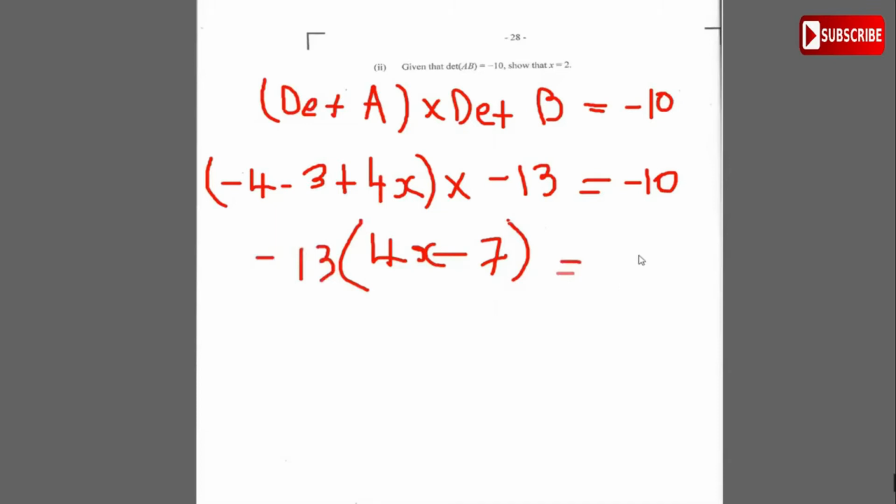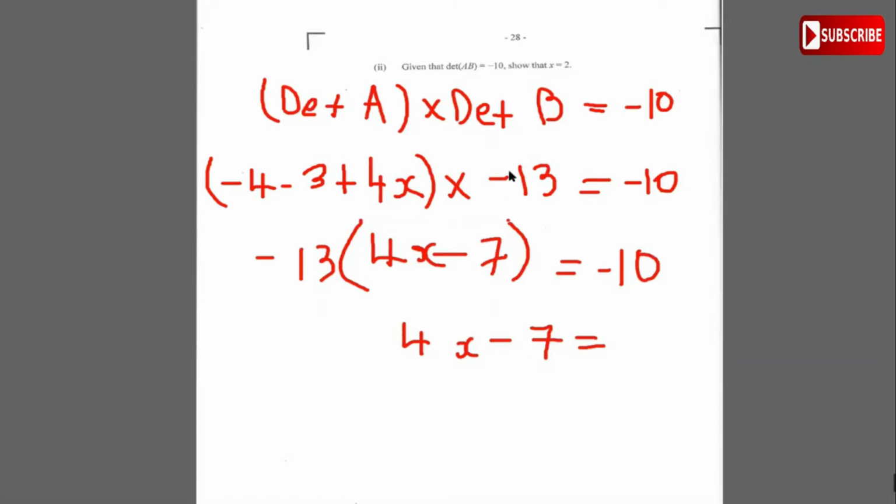So I'm going to divide through by minus 13. And I am getting that 4x minus 7 is equal to minus 10 over... let's go again.